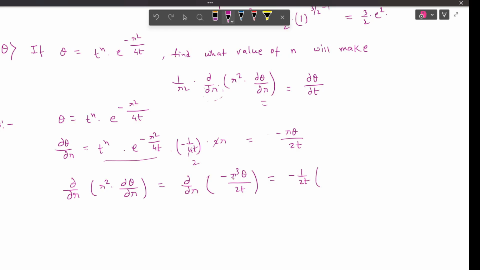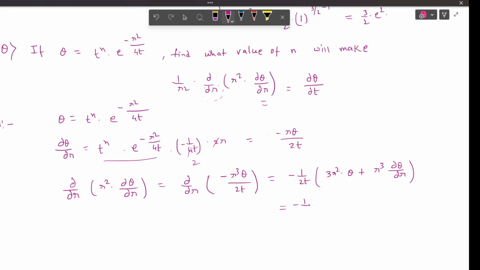Now you have to apply the u into v rule. If you keep theta for r cube, it would be 3r square, and if you keep r cube for theta, it would be del theta upon del r. Now we know the value of del theta upon del r, which is minus r theta by 2t.